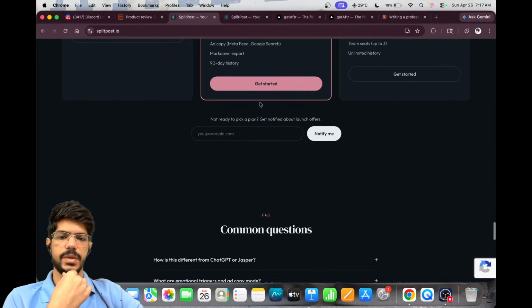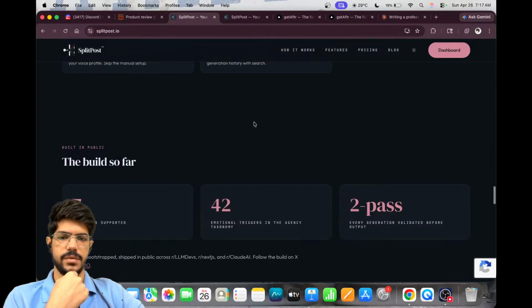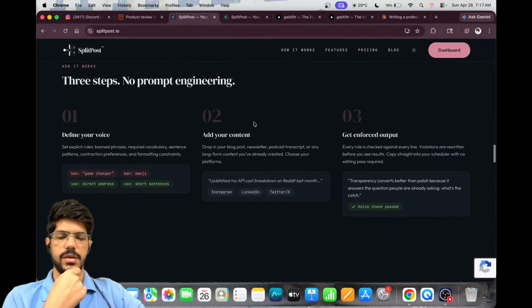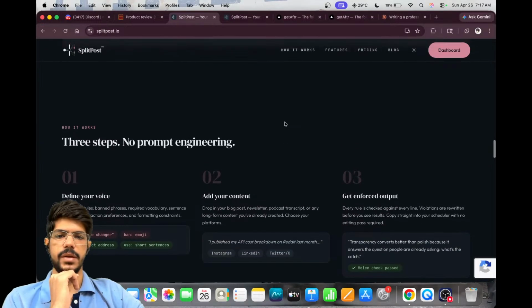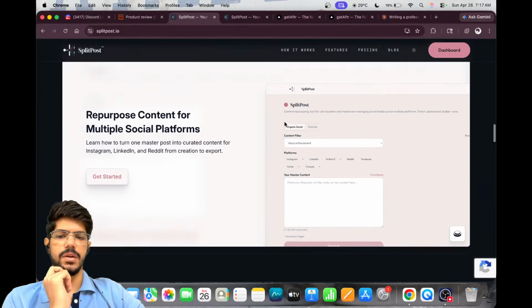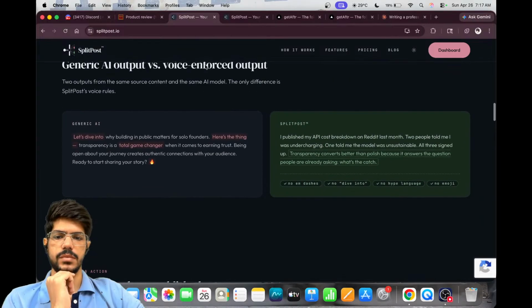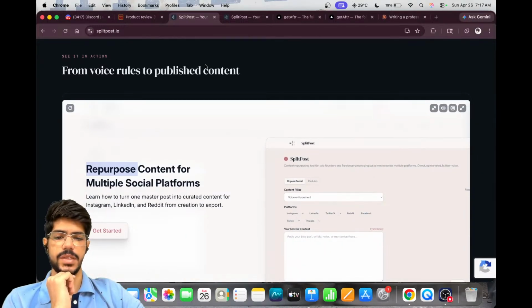I think something like this would be a bit hard to sell. The moat that you have is probably repurposing. I'm searching for the correct word. The moat you have is repurposing the content for multiple social platforms at once, rather than writing it or generating it.